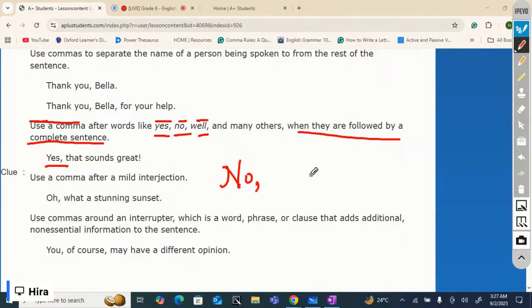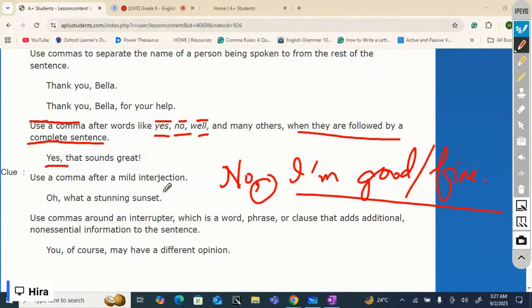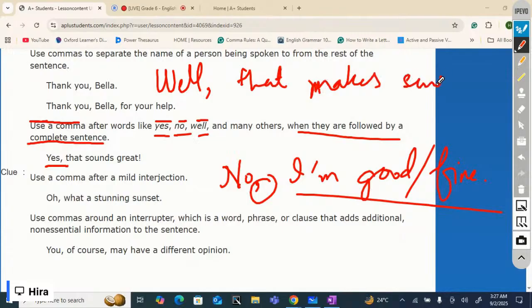Or no, I'm good. Or, well, that makes sense. So words like yes, no, well, use a comma after these words when they are followed by a complete sentence.